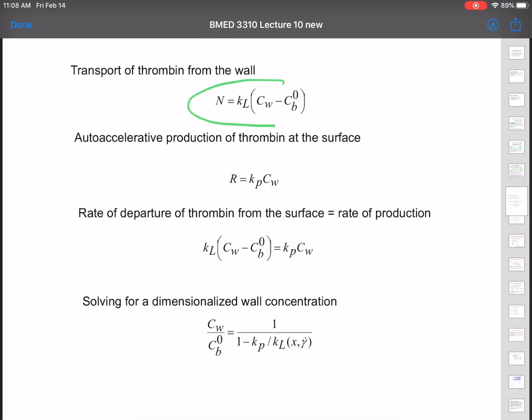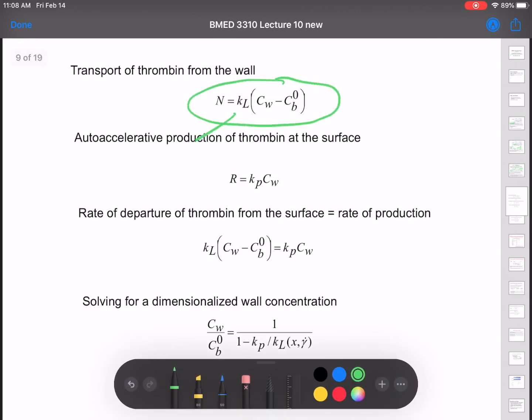If you're transporting thrombin away from the wall, we're using this equation. It's convection, so this is the convection coefficient, and this is the difference in concentration between the wall and the center line. So that's the rate that it's being transported by convection. This is the rate that it's being generated through the accelerative reaction rate. And if it's being produced at the same rate that it is being convected away, then we can equate those two.